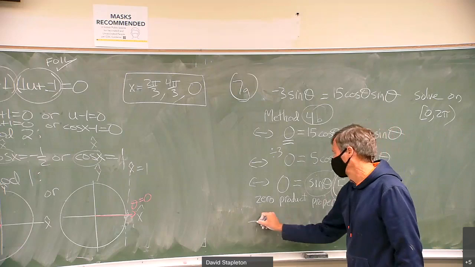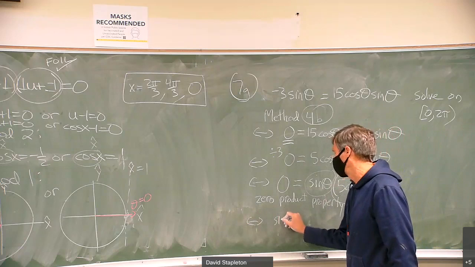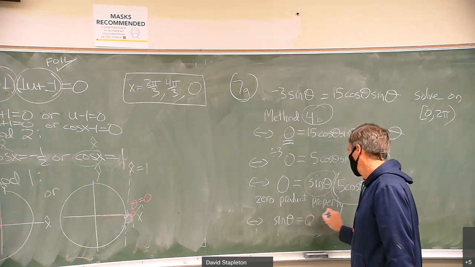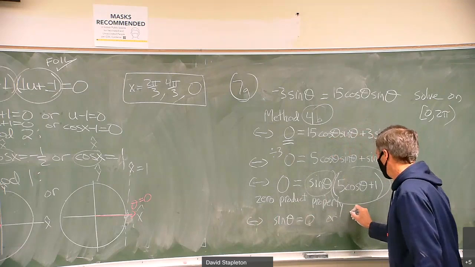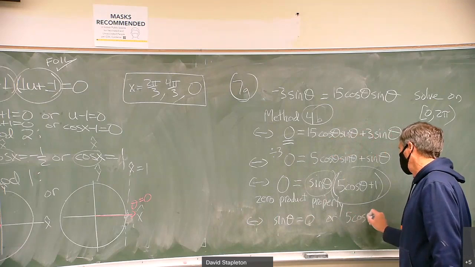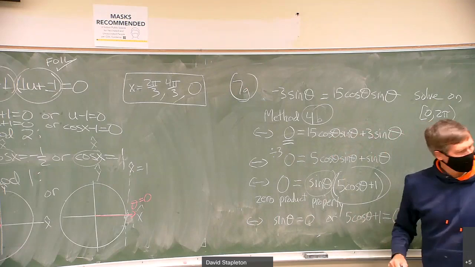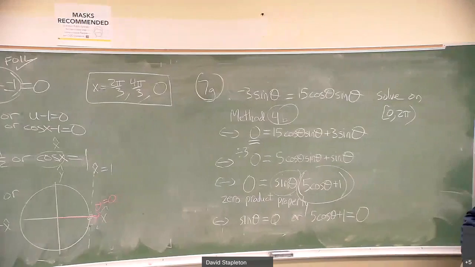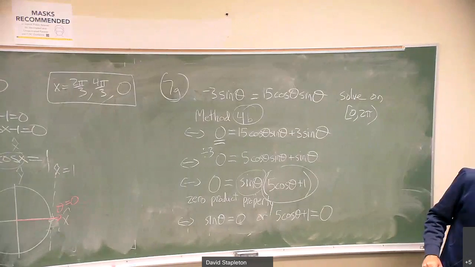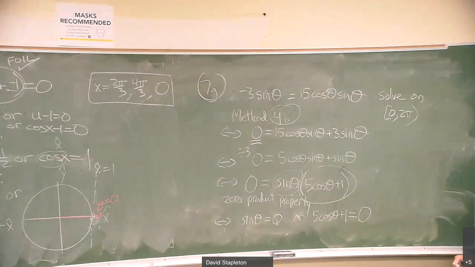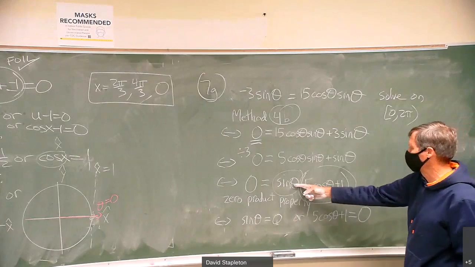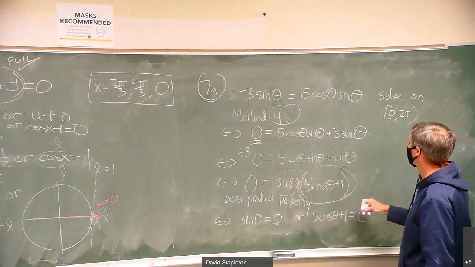So this is equivalent to sine theta being 0 or 5 cosine theta plus 1 equals 0. Equivalent to those two statements: either this factor is 0 or this factor is 0 or both.